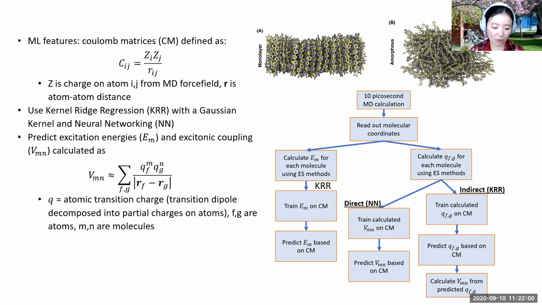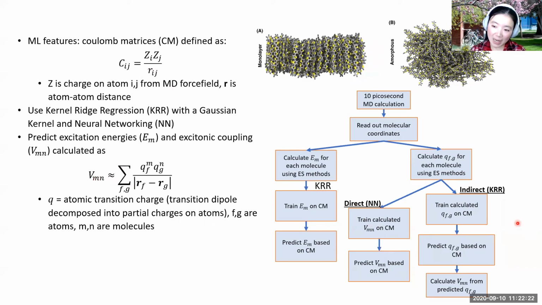If we use the neural network and also the KRR, which one can give us more accurate results? This flowchart shows that if we use the neural network, the input is the Coulomb matrix, and the output is the excitonic coupling coefficients. And what will the error be?